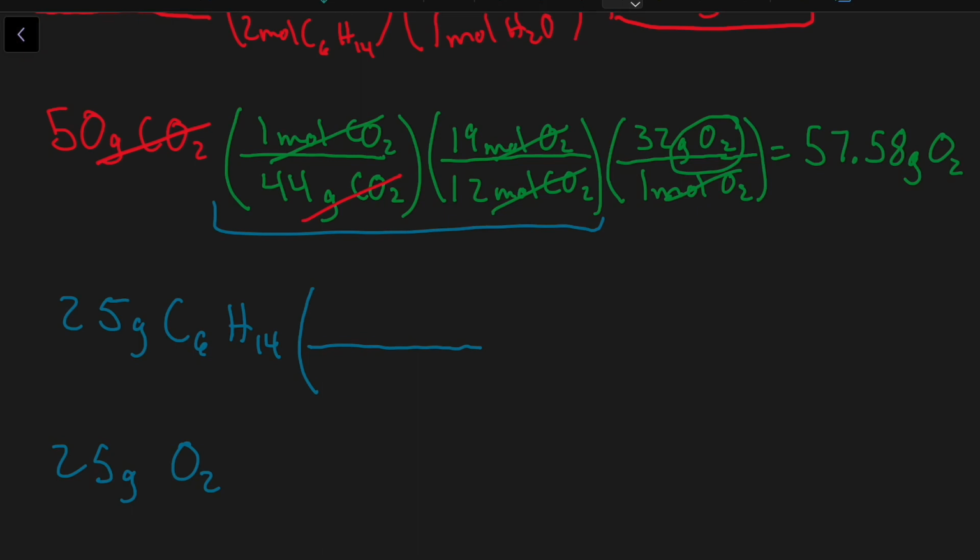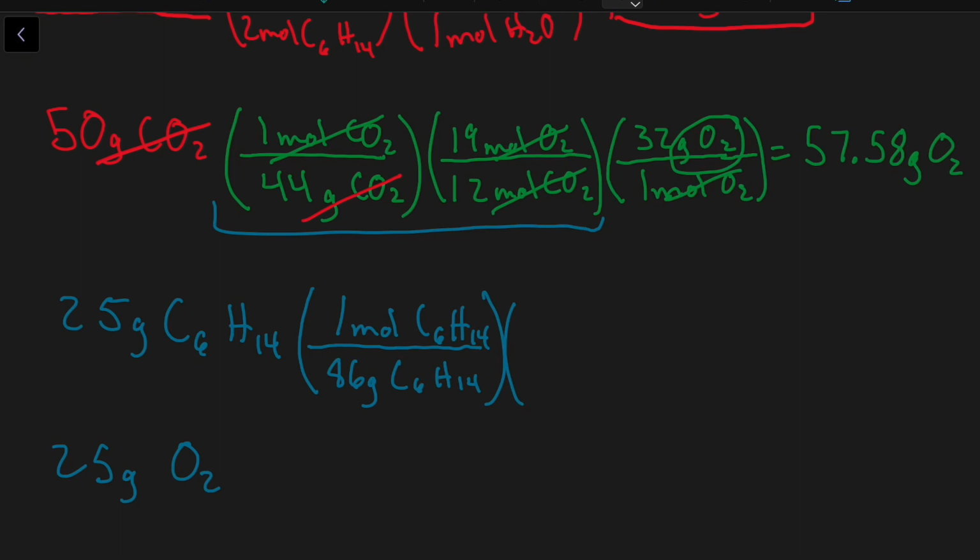So we'll have the first factor that will be the molar mass. I told you it's 1 mole of C6H14 and 86 grams of the C6H14, right? And then the mole ratio.